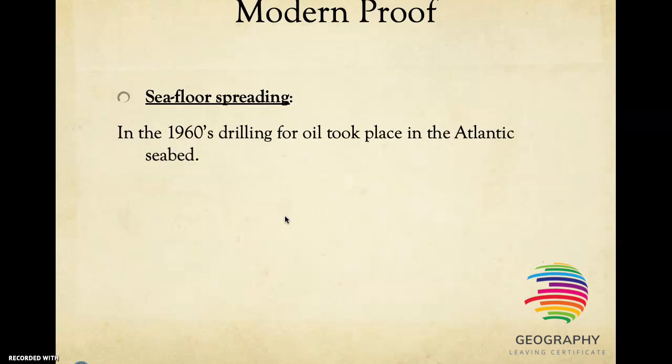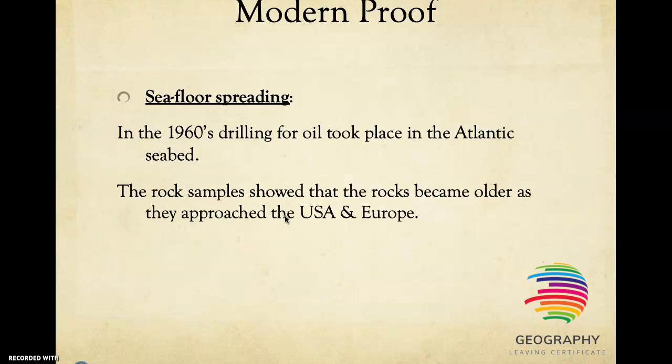In the 60s, when we were drilling for oil in the Atlantic seabed, rock samples were taken up from the seabed, and it was discovered that rocks became older as we got closer to the United States and as we got closer to Europe. So the older rocks were the closest ones to the United States and Europe. The rocks actually got younger the closer you get to the mid-Atlantic ridge.